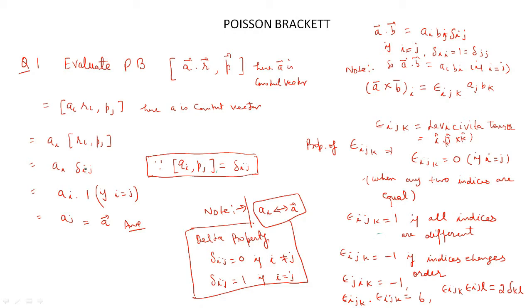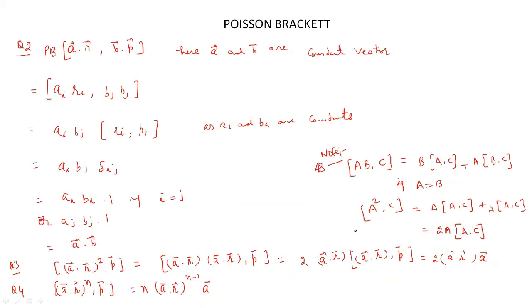So it will be equal to delta_ij. Now if i is equal to j, you know that the Kronecker delta will be equal to 1. So it will be equal to a_i into 1, or we can write it as a_j, or it will be equal to A. It is very important to note that we can write a_i as equal to A, or we can write a_i as equal to a_j also.